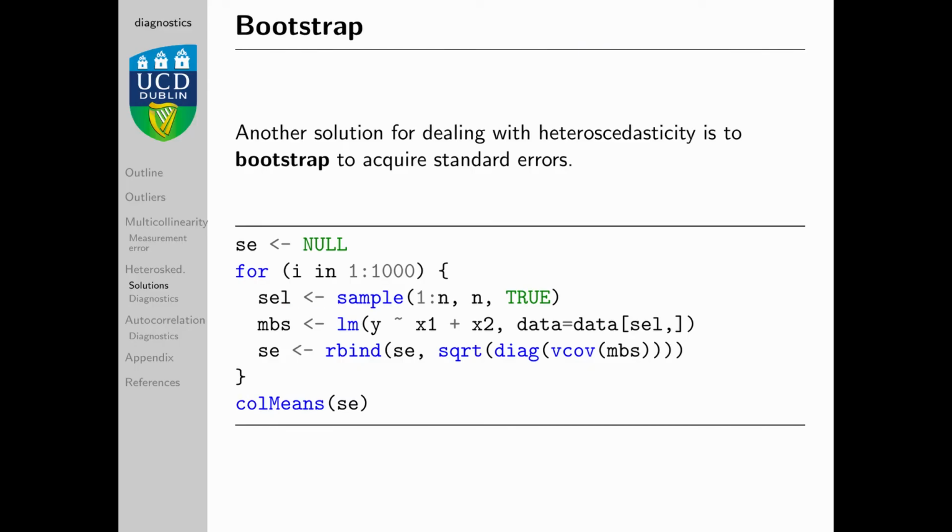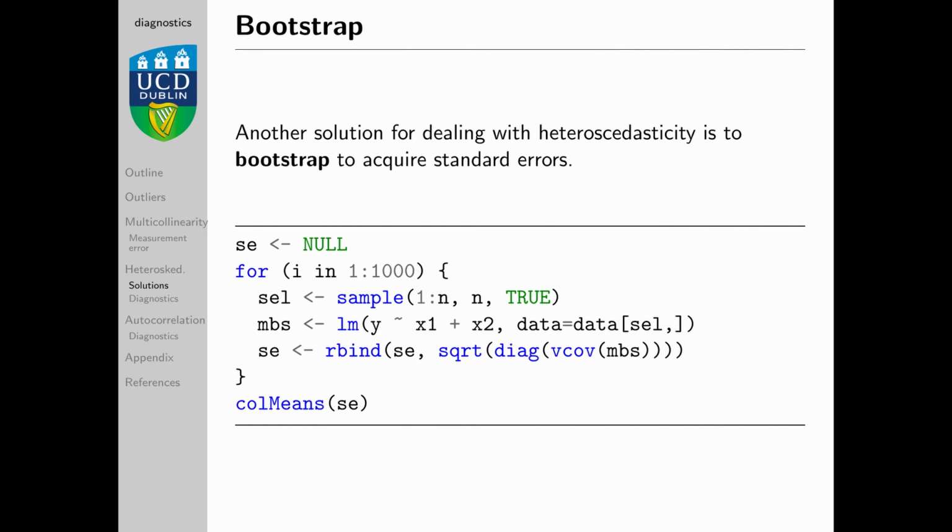As an aside, something I do not want to delve into here, at the end of this course we get to simulation and bootstrap. One alternative way of dealing with heteroskedasticity might be to derive your standard errors not from some matrix algebra, but by running the estimation many times, every time on a different sample, and this is a kind of unusual trick, and I will elaborate much more on that later in the course.